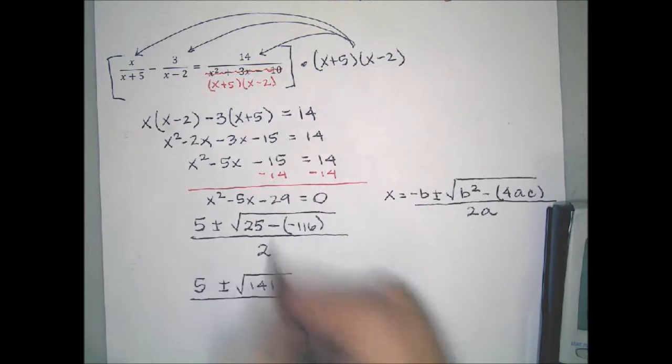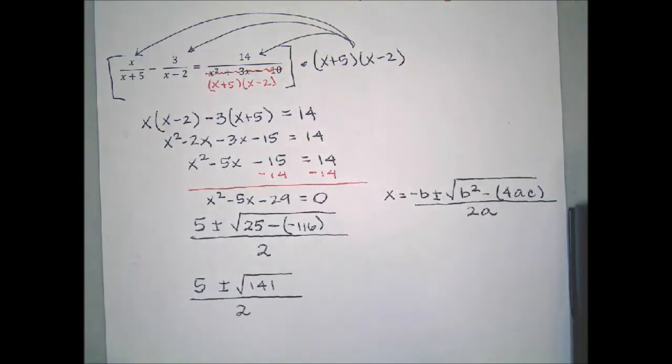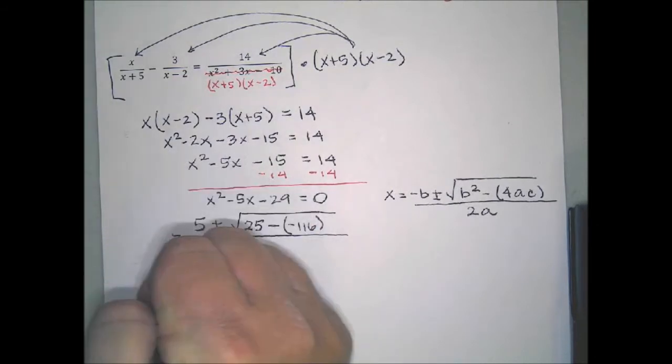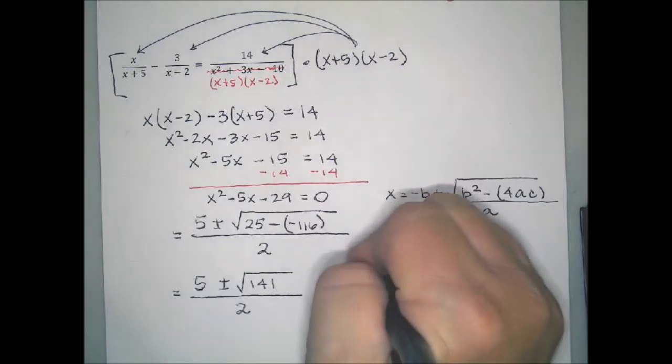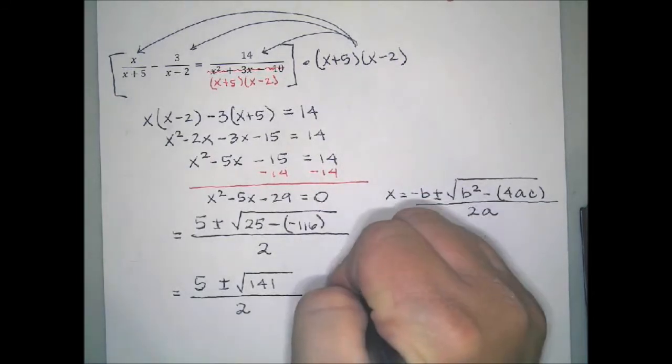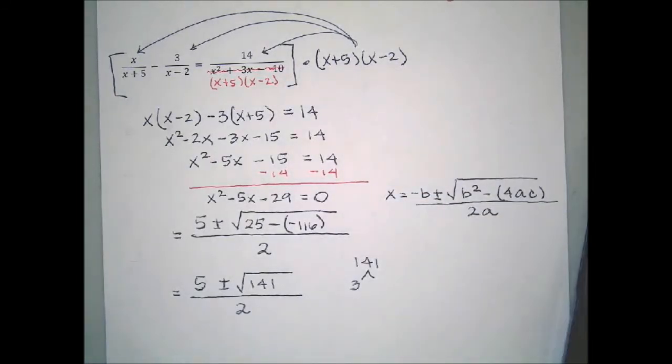All over 2 times the a value, which is 2. Now, 141 can be broken down at least by 3. So 141 divided by 3 is 47.